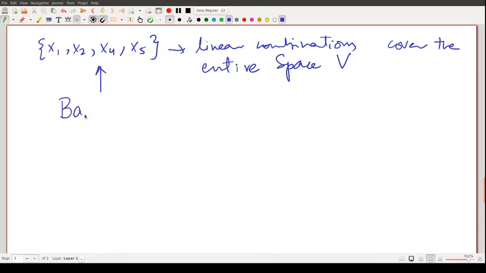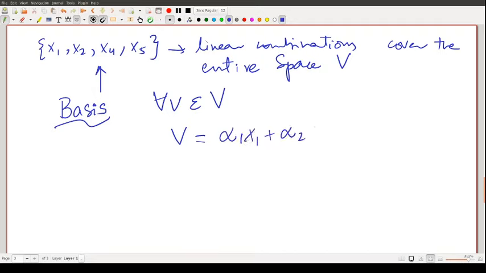When a linear combination of all of these vectors covers the entire space, what we actually have is a basis. We call this a basis because now for every v in my vector space, I can write it as some combination of my basis, plus alpha 3 x4 plus alpha 4 x5. So that's a basis.